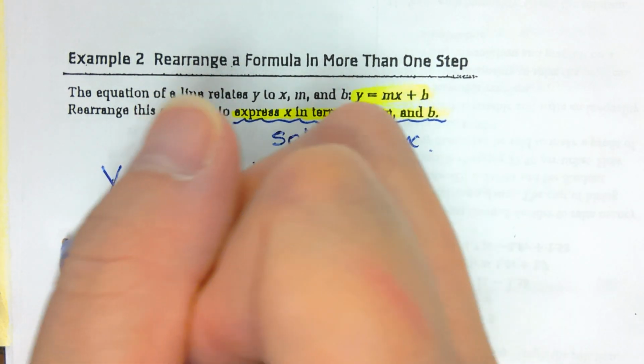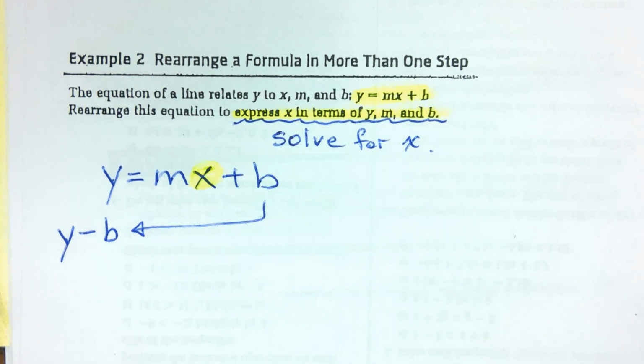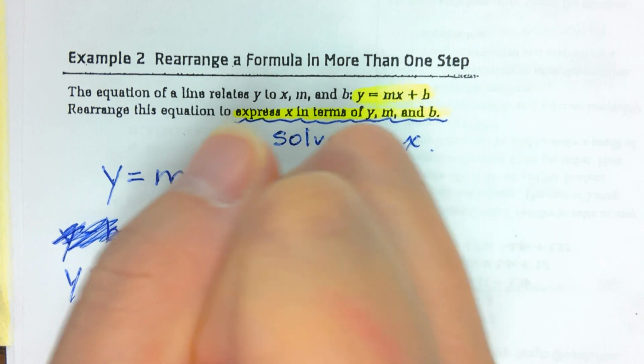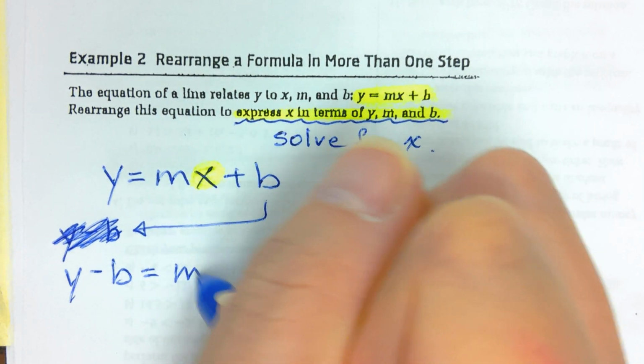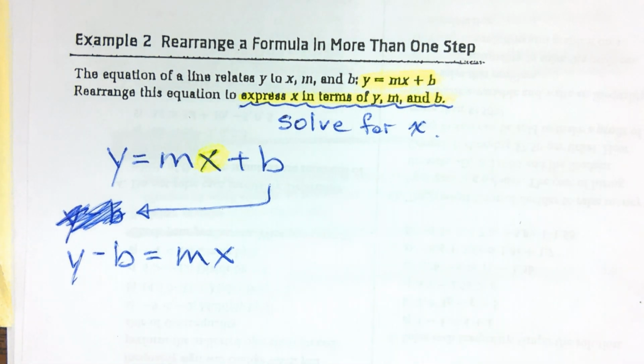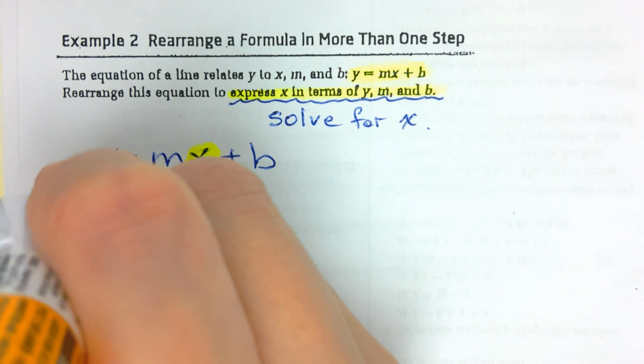When you move that over, you get y minus b equals mx.